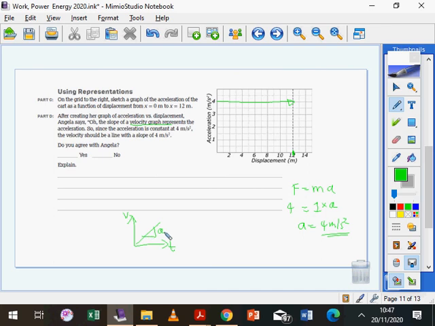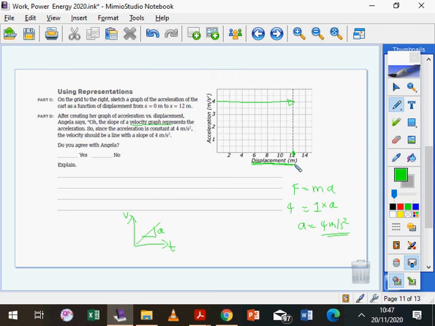It's an acceleration versus displacement graph, right? It's not an acceleration versus time graph. The speed of the object changes with time, but the acceleration of this object is not changing over the 12-meter displacement. So Angela is not correct, unfortunately.